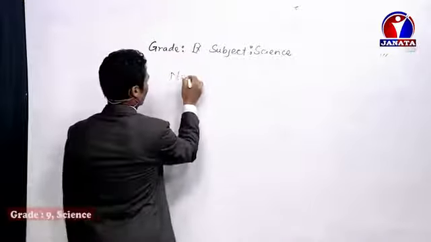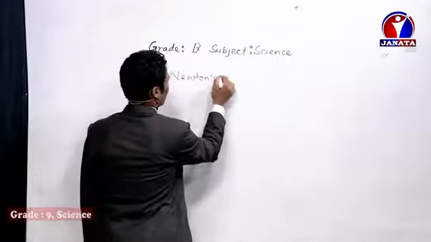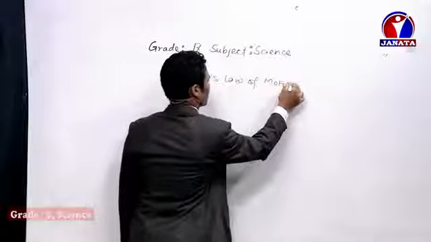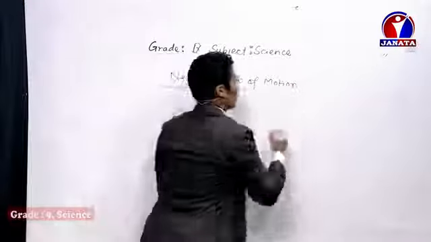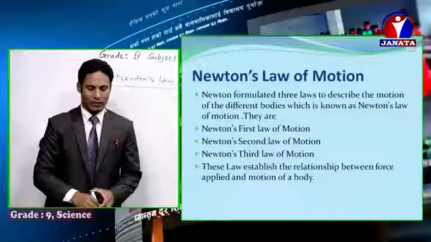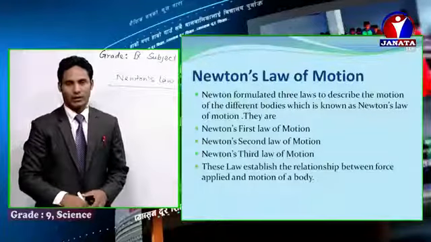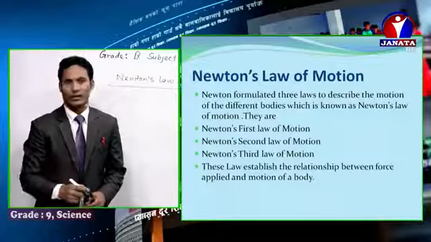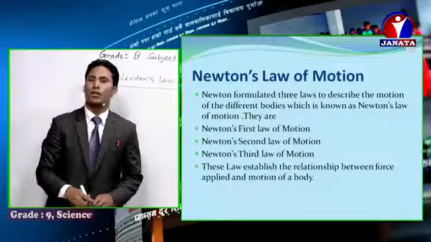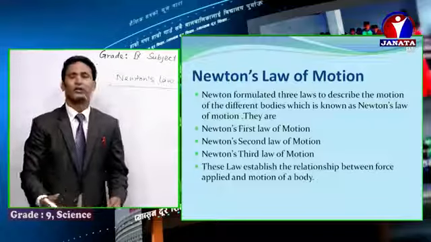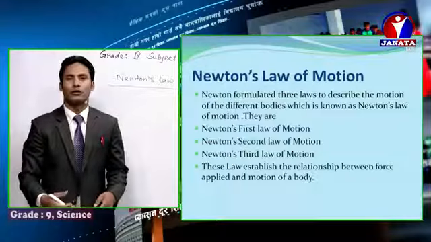To describe the motion of an object, Newton formulated three laws, which are popularly known as Newton's laws of motion: Newton's first law of motion, Newton's second law of motion, and Newton's third law of motion.